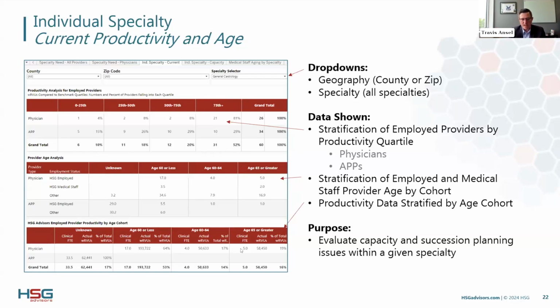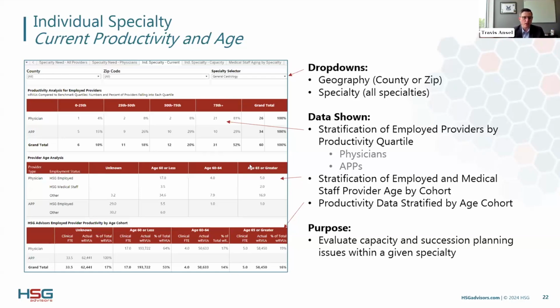And they have another 5 clinical FTEs who are going to be 65 or older and producing 19-20% of the total work RVUs. So that gives us a feel of how much risk we have stratifying productivity versus age. And utilizing that on a specialty by specialty basis gives us the idea of where our challenges are.